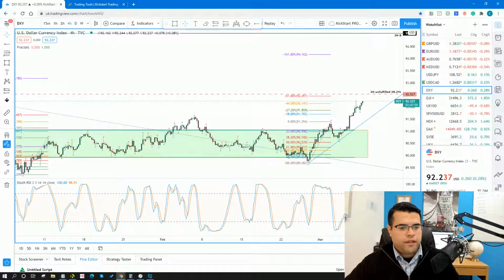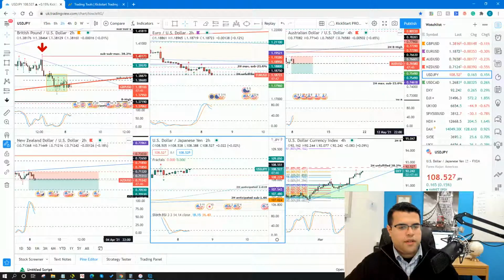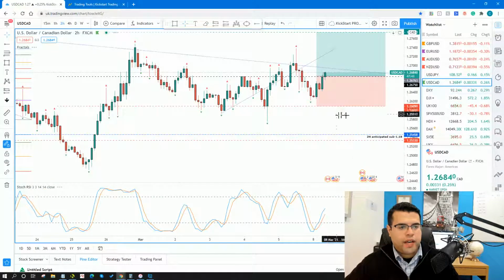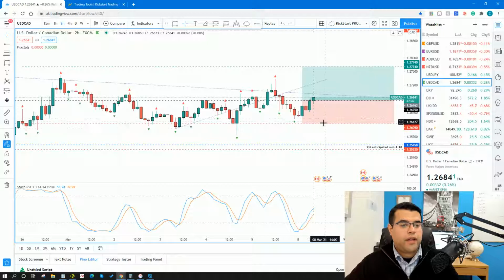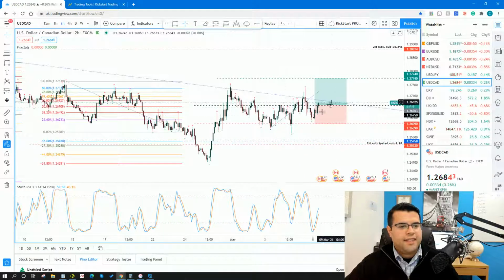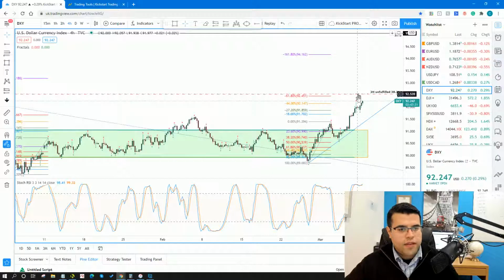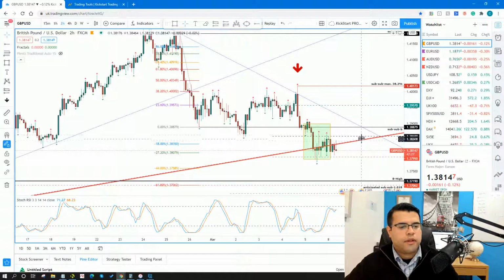And then dollar CAD, I'm already in on the buy on dollar CAD. Okay, got in at 26.75. And then again, the dollar index, I'm looking for that to chase back to that unfulfilled 38.2.